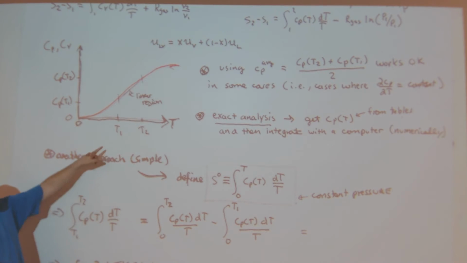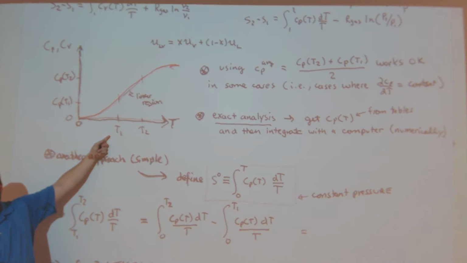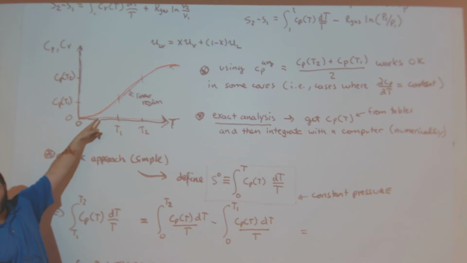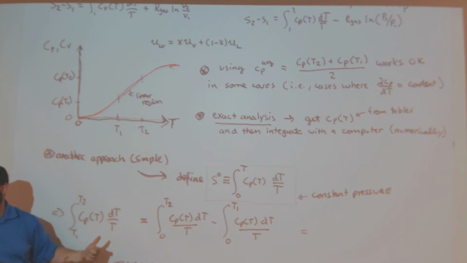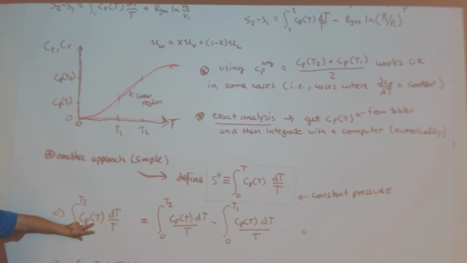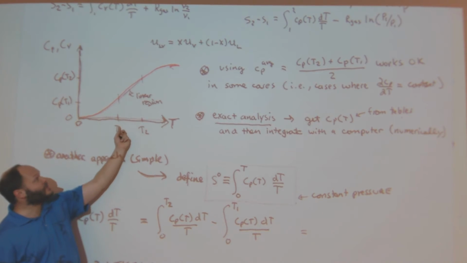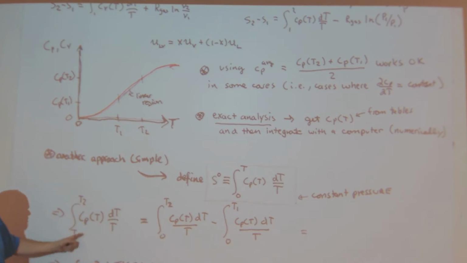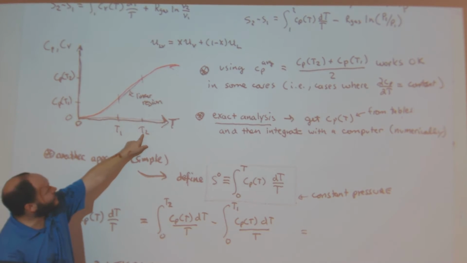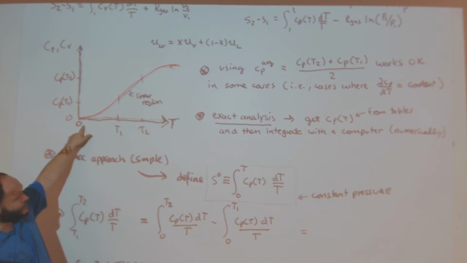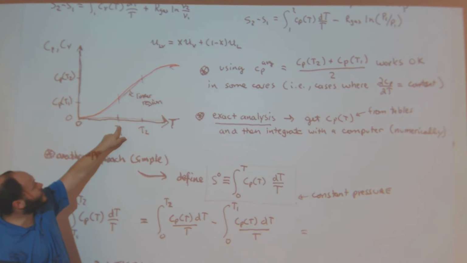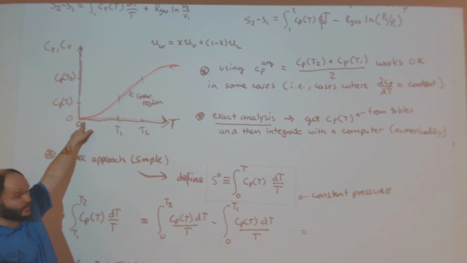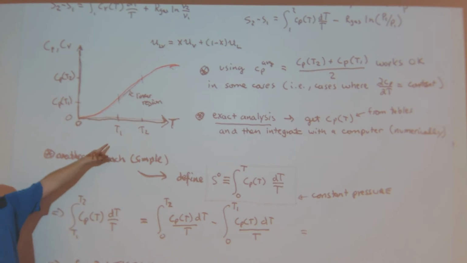I wish, in hindsight, I would have put 1 over T as the x-axis and then drawn how Cp looks as a function of 1 over T. But nevertheless, it's correlated to the area from T1 to T2. If I take the area from T2 to 0 and subtract the area from T1 to 0, that is going to equal this.